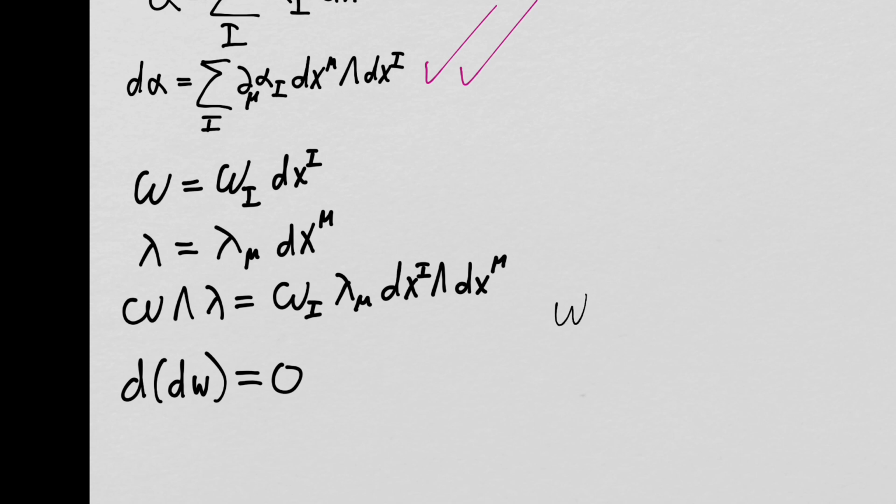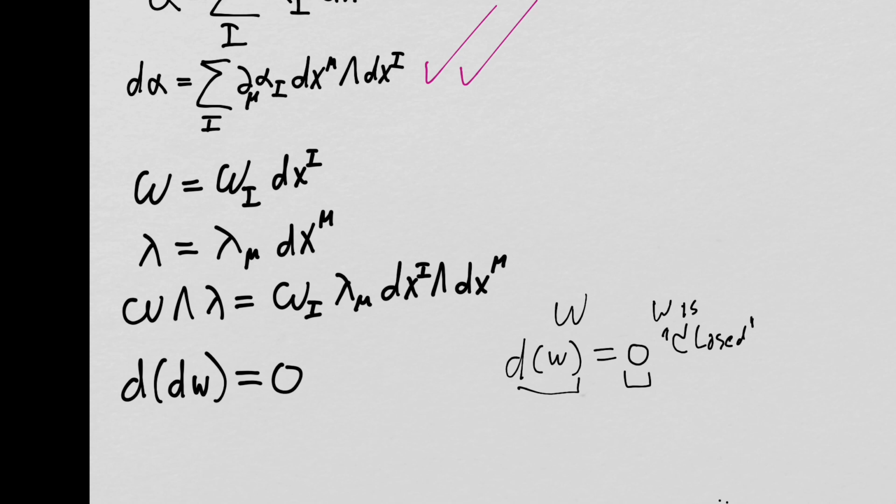If you have a form omega, and the exterior derivative of omega equals 0, then omega is called closed. Omega is closed if its exterior derivative is 0.